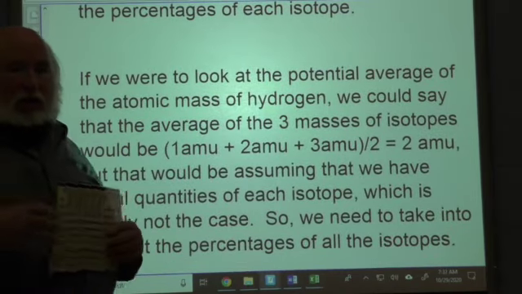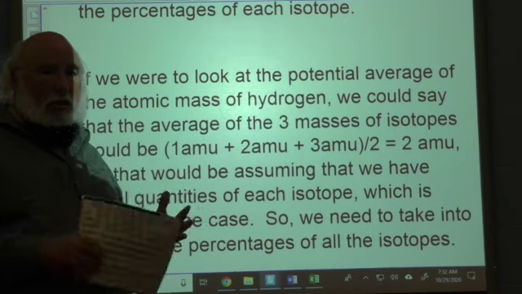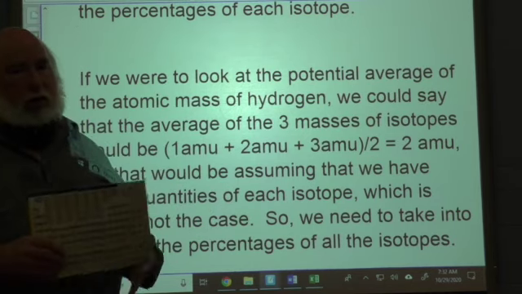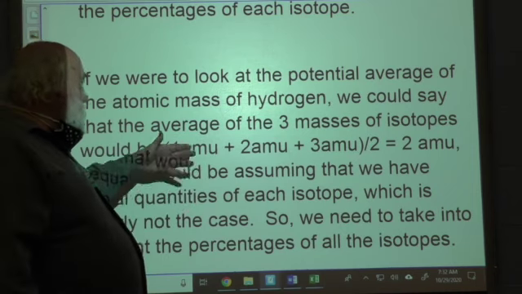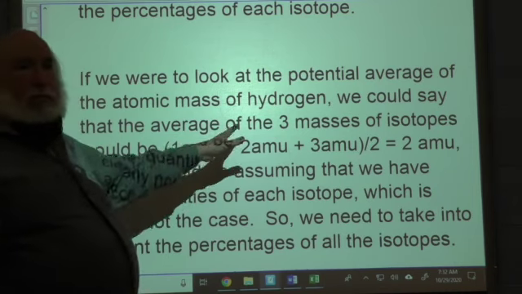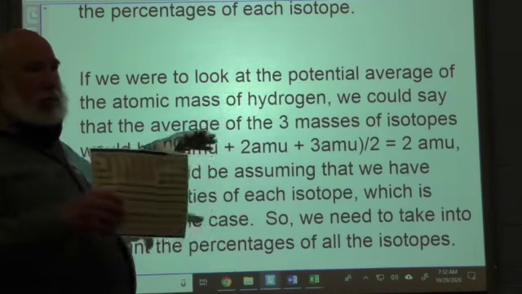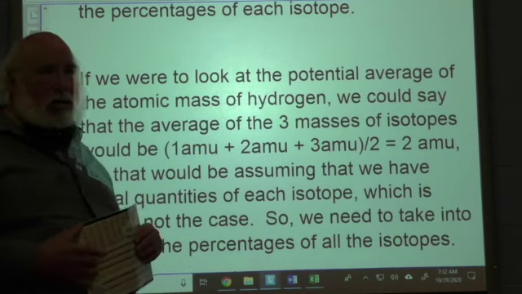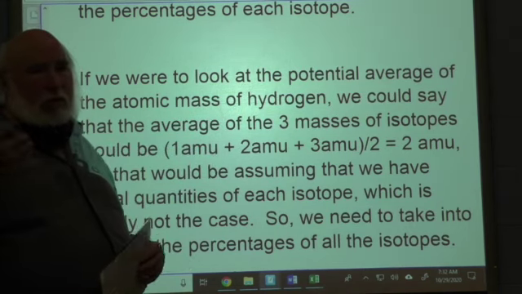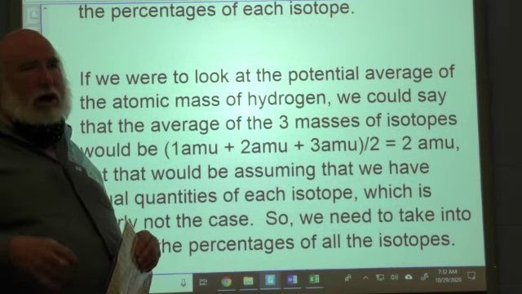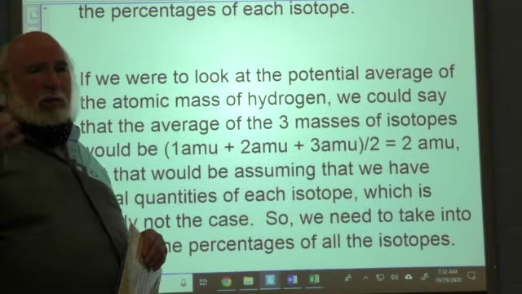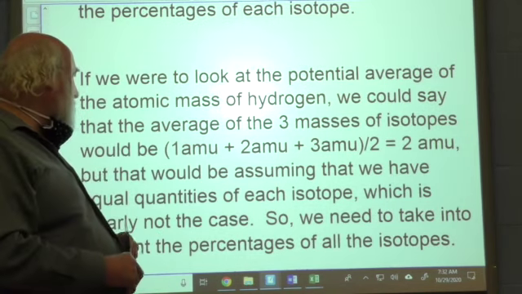Now let's suppose we had an even split of hydrogen. Hydrogen 1 quantity, hydrogen 2 quantity, hydrogen 3 quantity, all the same. Then that would be really easy. This is the point I was making about the particles in the nucleus. We don't have a measurement in grams. We just know that protons and neutrons make up the entire mass, so we call them atomic mass units, or AMUs.